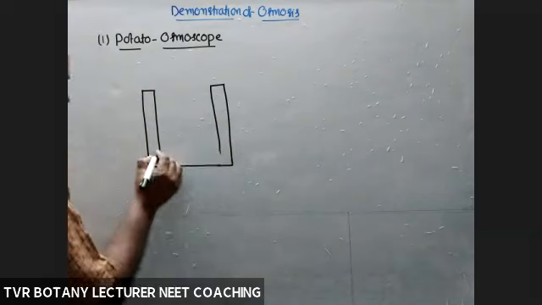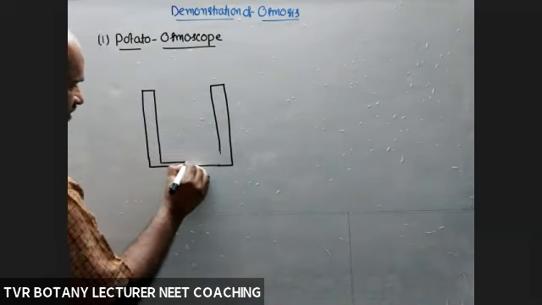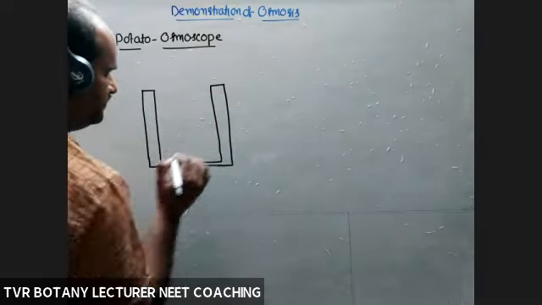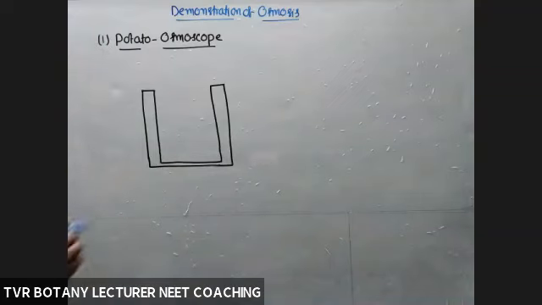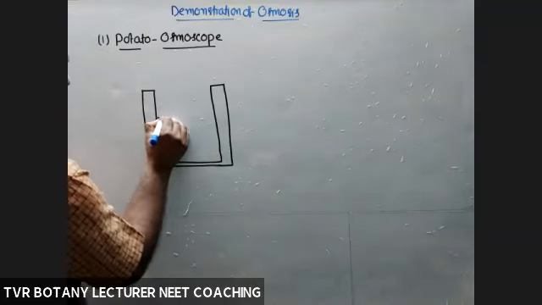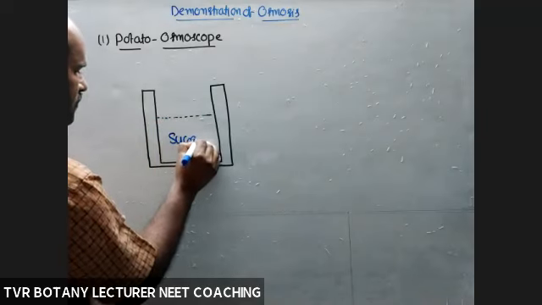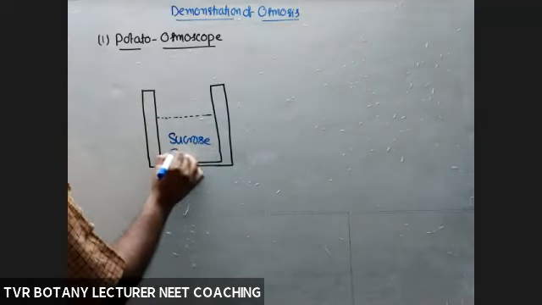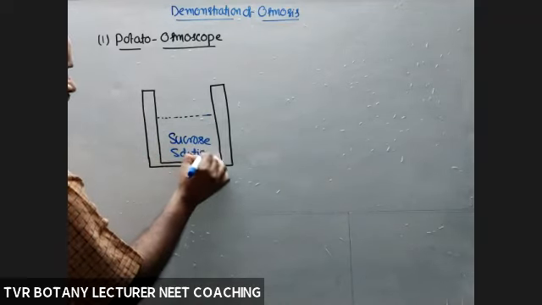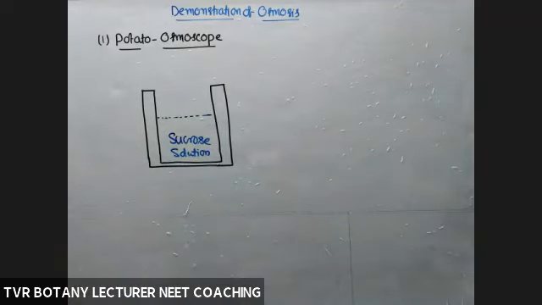Okay, so the bottom layer must be very thin. Now fill it with a sucrose solution. So solution means definitely psi W value maximum extent is a negative value only.